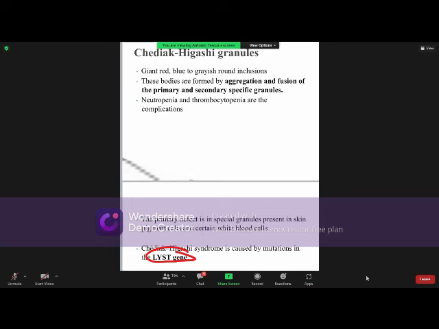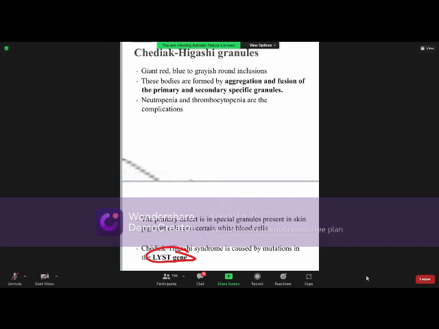Obviously, there will be chaos in the movement of vehicles. So similar with your cells, if that LYST gene mutates, there will be uncontrolled movement of substances within your cell, now causing the fusion of your primary and secondary granules.